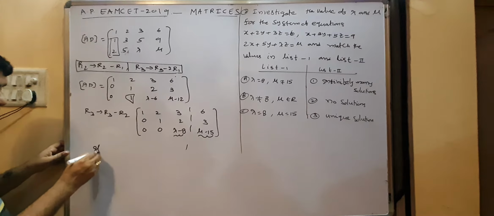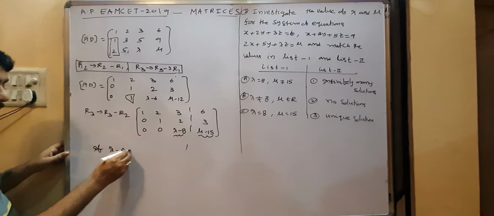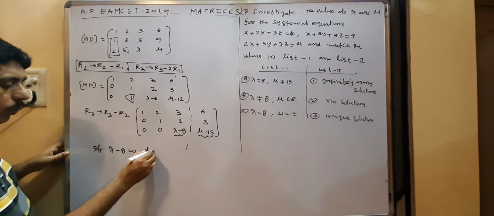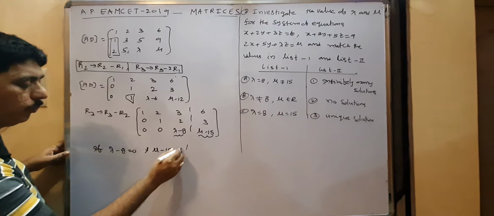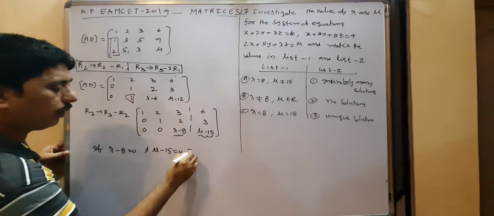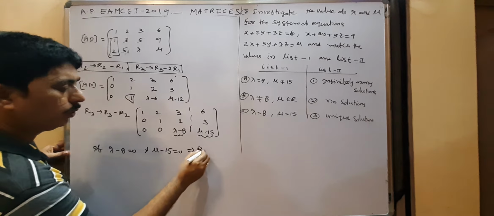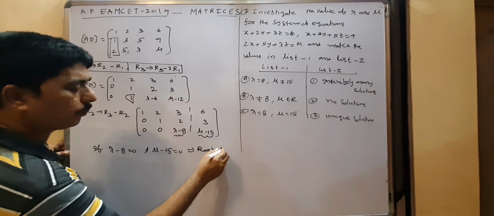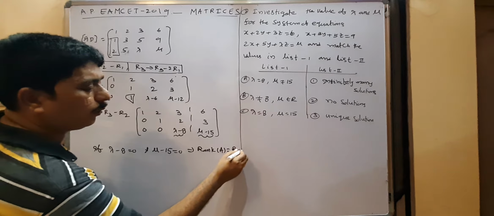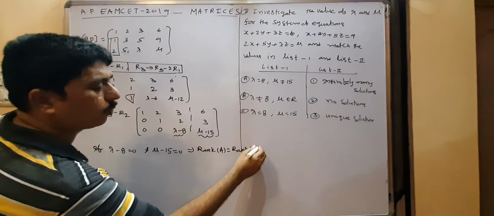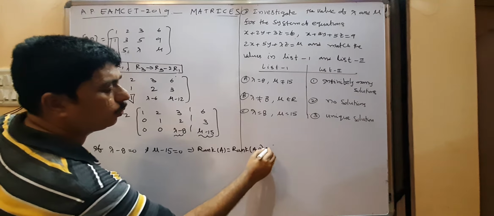If lambda minus 8 equal to 0 and mu minus 15 equal to 0, these two elements are 0, then rank of A equal to rank of AD, less than 3, equal to 2.